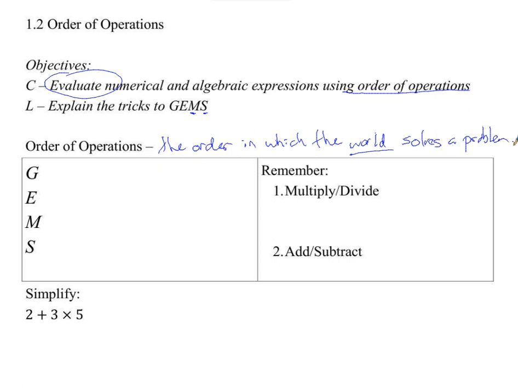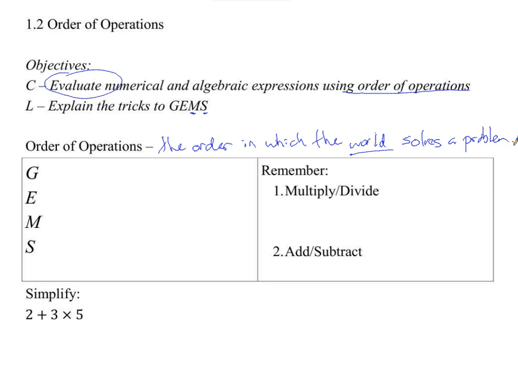We had to come up with an order of operations because the people in the United States may have been trying to solve the same exact problem differently than the people in France. And those people may have been solving it a different way compared to the people in Russia. So we had to come up with a universal way to solve these mathematical problems, okay? And that universal way is known as the order of operations. You have to solve the problem this way. If you don't, you may get the wrong answer. In fact, you probably will get the wrong answer.